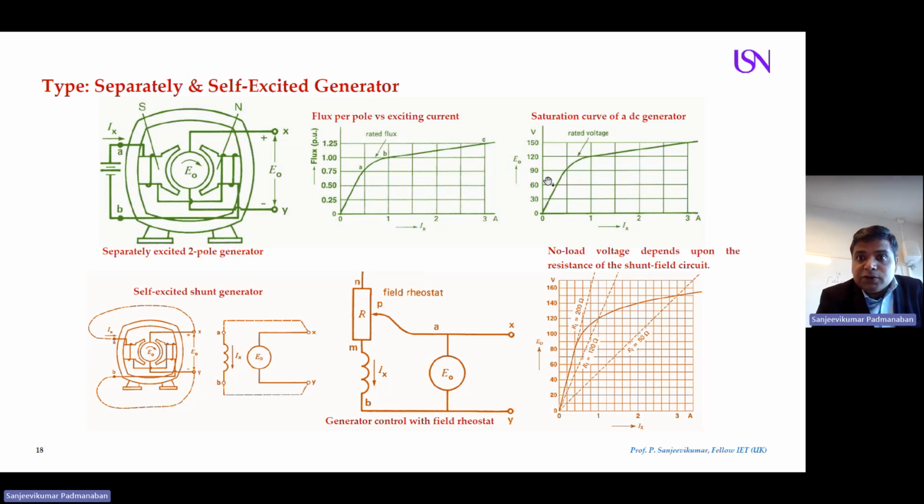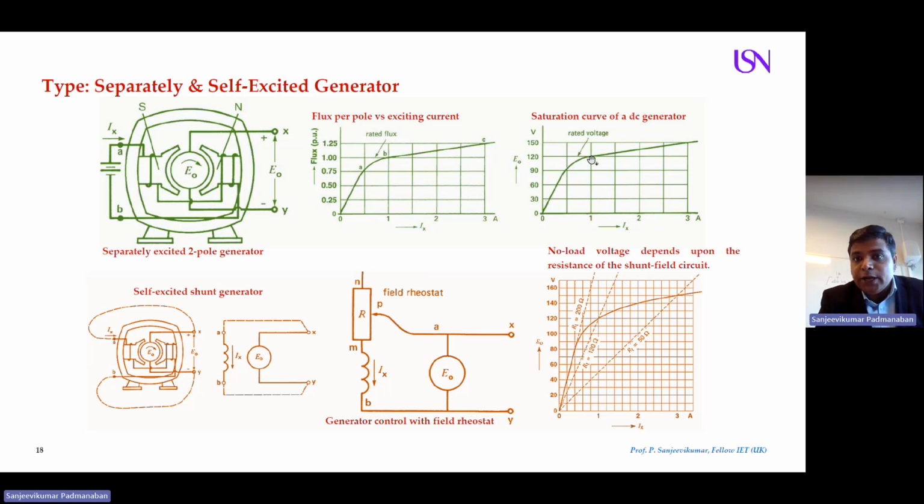Then I want to see the characteristics of the output voltage. What is the output voltage I can generate? How much DC voltage can I generate at the output? For that, again, I go for the excitation. I keep the current at minimum, 0. Output voltage generated here is also 0. I keep on increasing the current to 1.